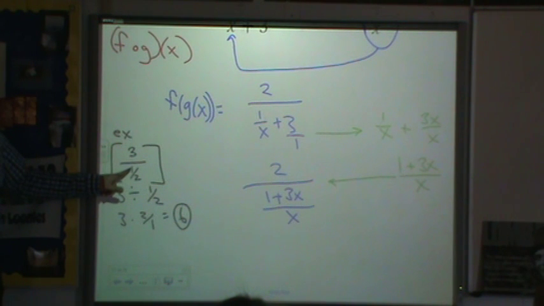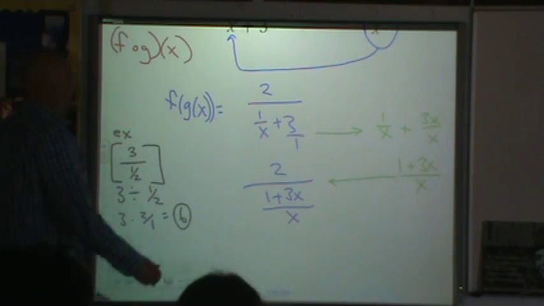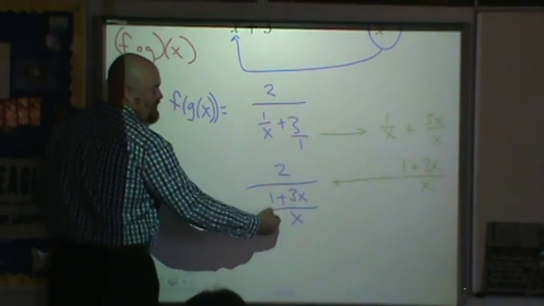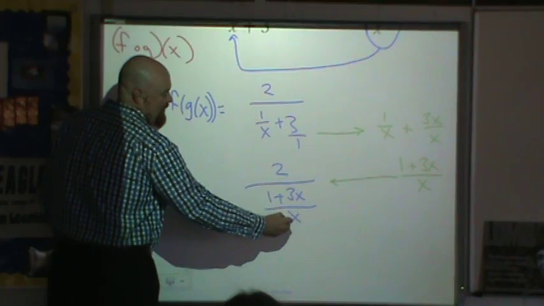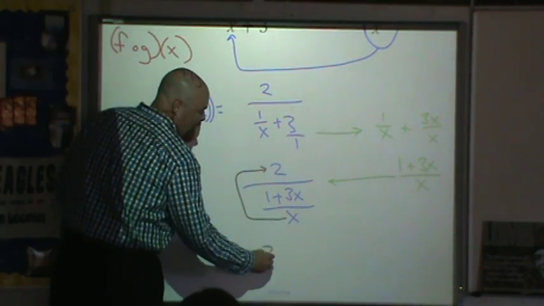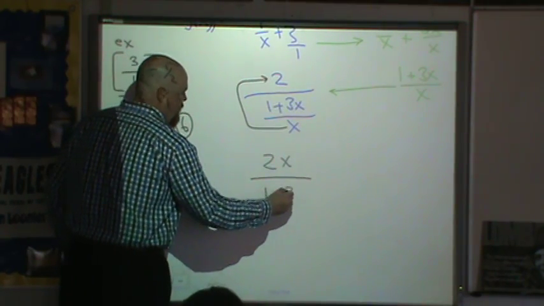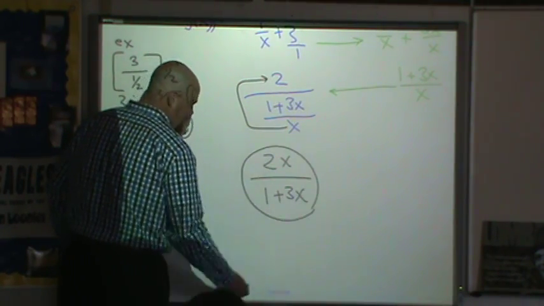Leave the 1 on the bottom, it's 6 over 1, which is 6. You can use that same idea here. I have a fraction with a fraction in the denominator. I can take the denominator and multiply it times the top. So we have 2x over 1 plus 3x.